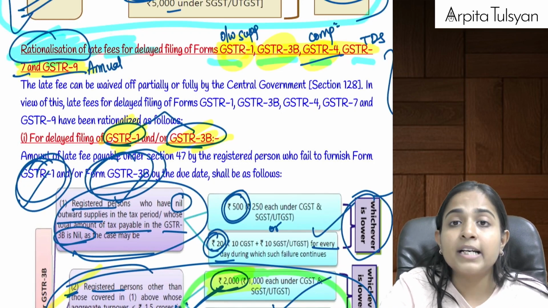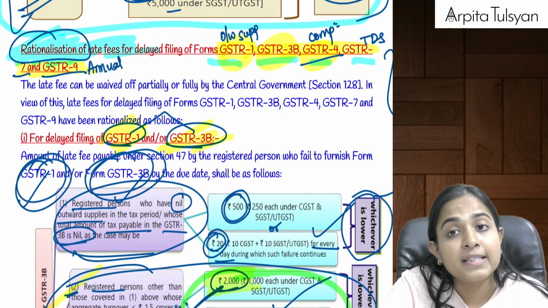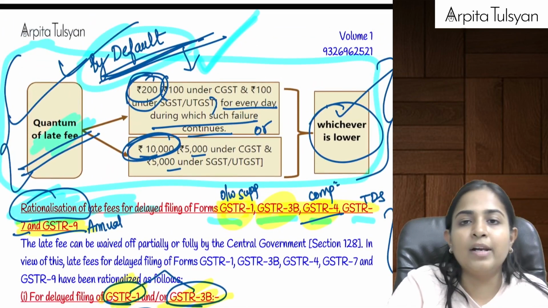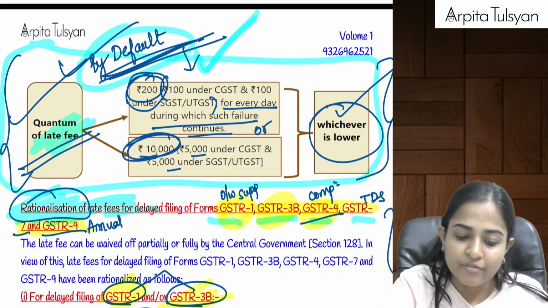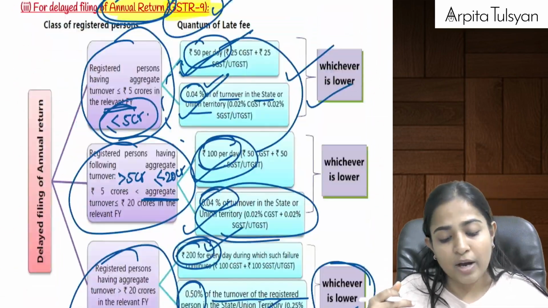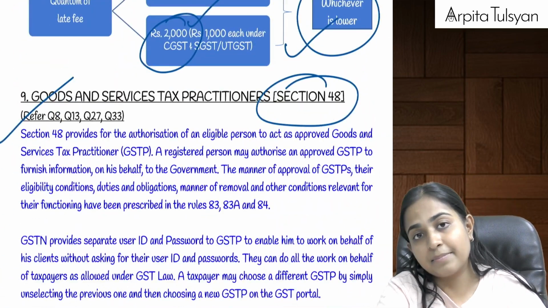Okay, we did not study it for GSTR 5A. We did not study it for GSTR 8 TCS. Then in that case, default provisions will apply, that is 200 rupees per day or 10,000 rupees, whichever is lower. Okay, these are such late fees which you have to remember compulsorily because these are tested in the exam.